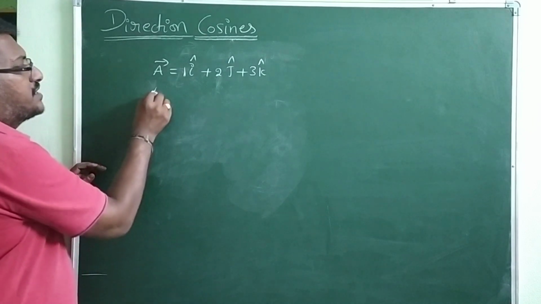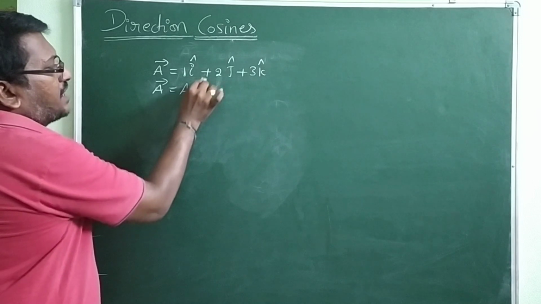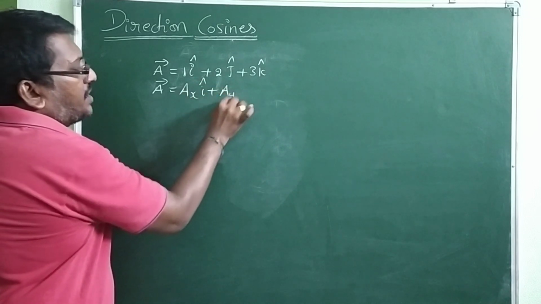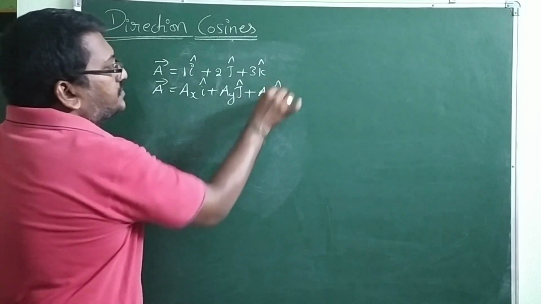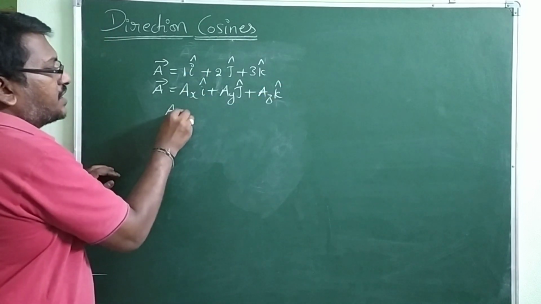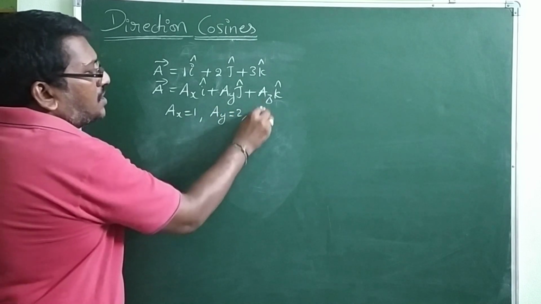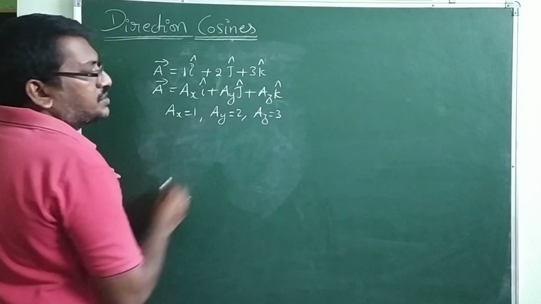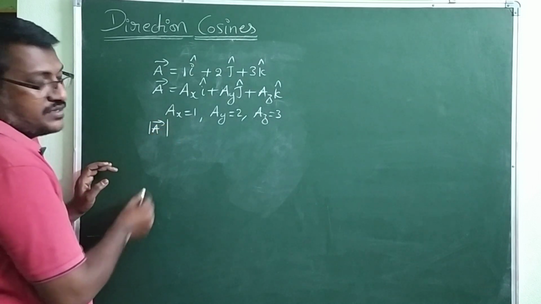So here we can write the general form of the vector, Nana. A bar is equal to ax i cap plus ay j cap plus az k cap. So from this simply you got here ax is equal to 1 and ay is equal to 2 and az is equal to 3. For example, what is the magnitude of this vector?